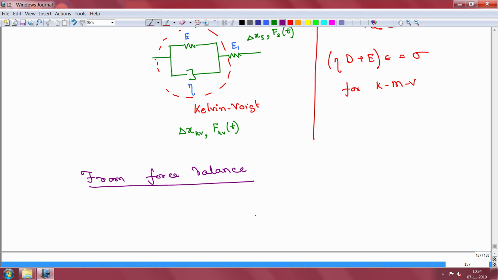In the case of the series system, you will see that the forces are all the same. And then from geometry, we get a different relationship for the displacements.